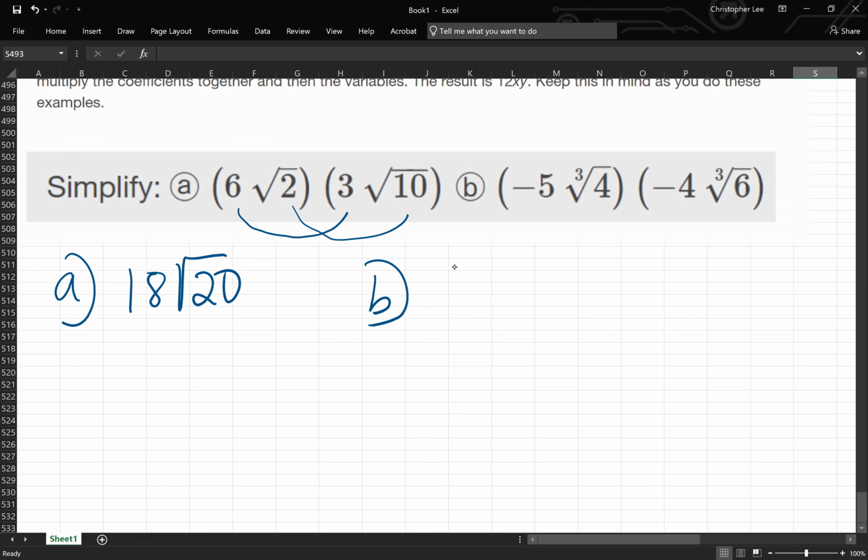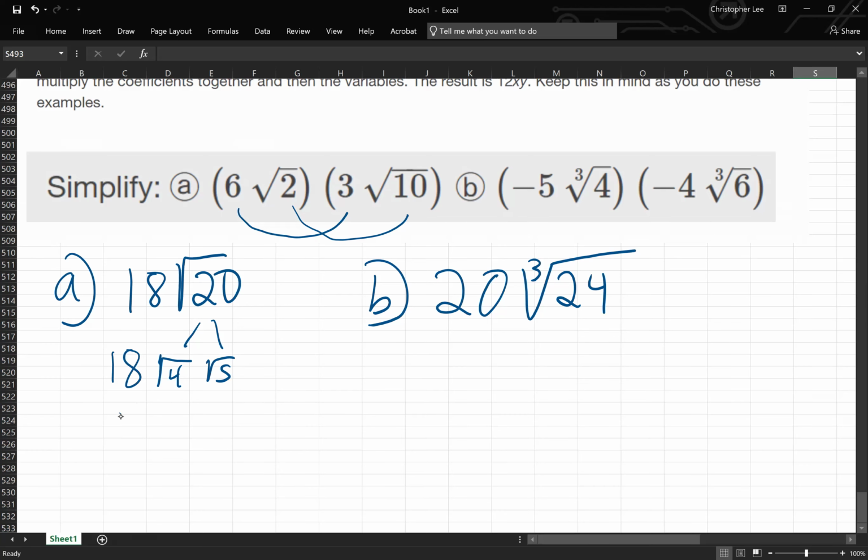Negative times negative is positive, so 20 what? Cube root of... hold on. Before that, you should see if you could break these down further. This could be square root 4, square root 5.